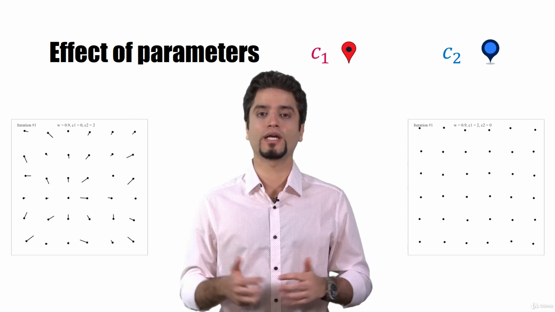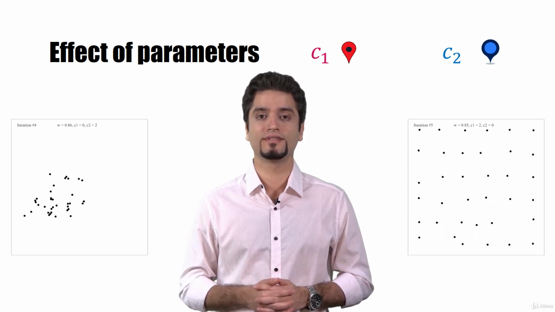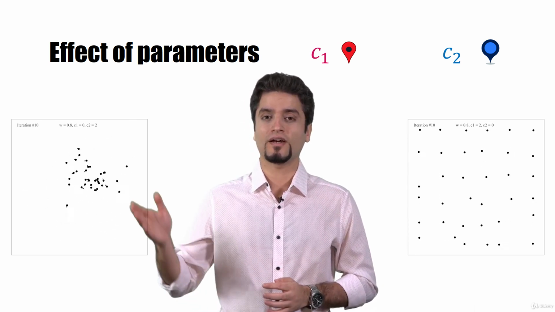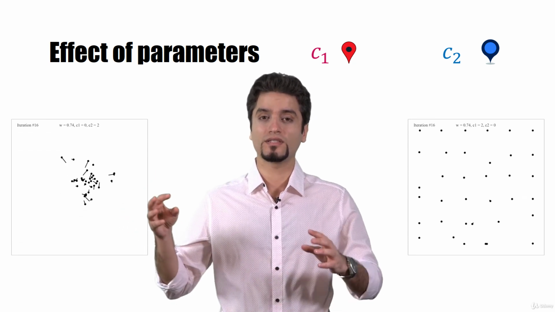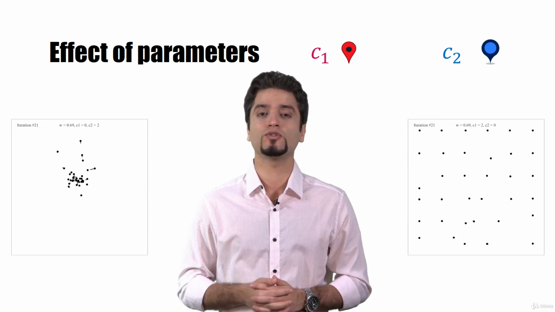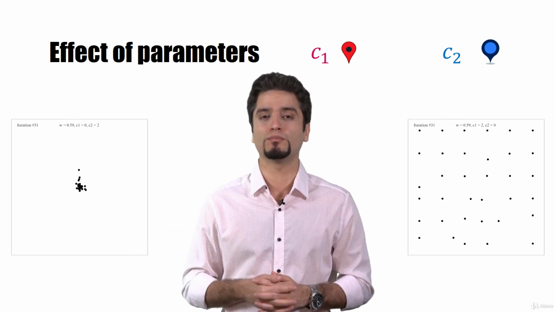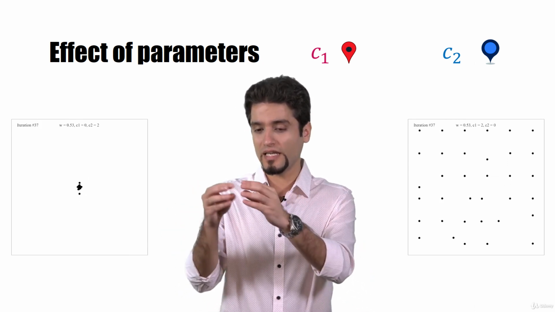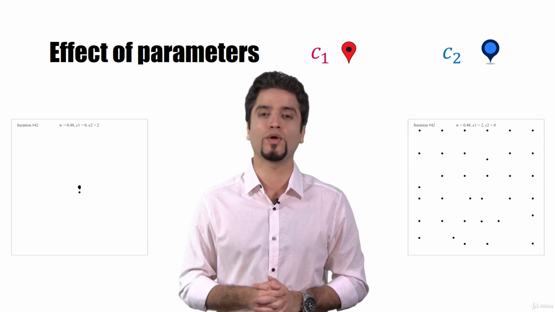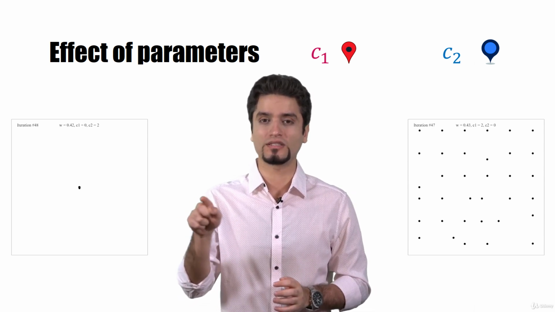Okay, so here we go. As you can see on this side, the particles quickly converge towards the global optimum, and now, it might be a local optimum, but basically they converge towards a point, and now they locally search around it.